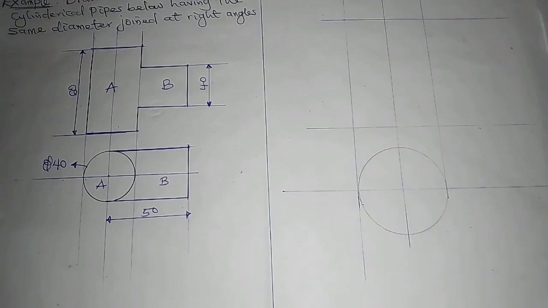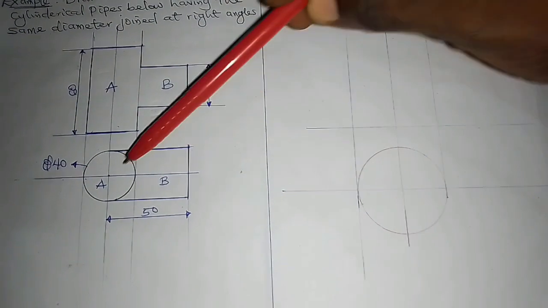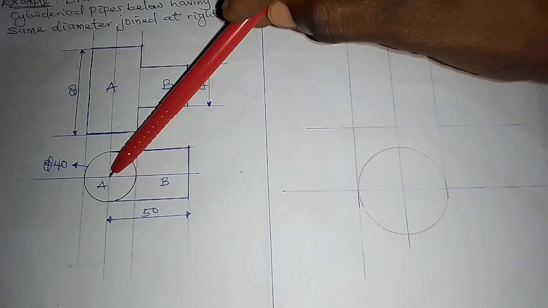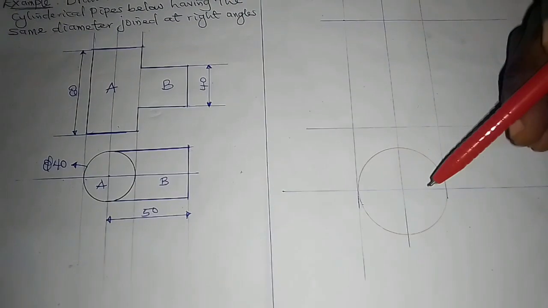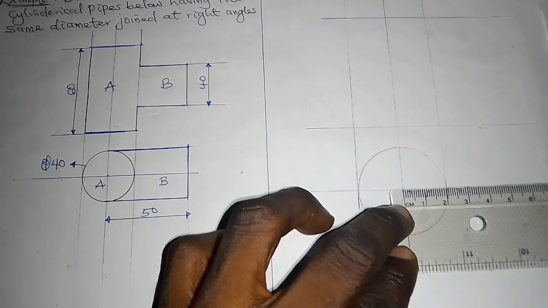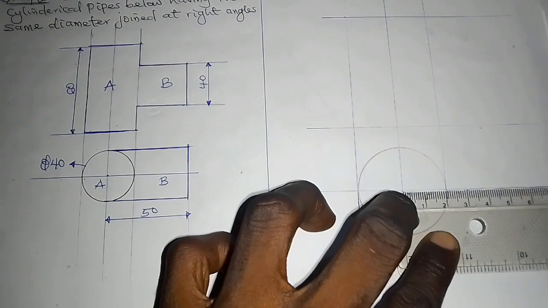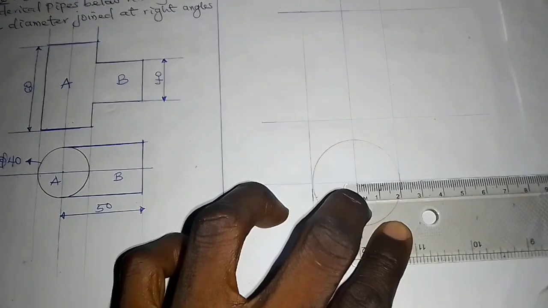So we go to the plan for pipe B. You can see from the center we are given it to be 50. So from this center we are going to be measuring 50. So we have 50.